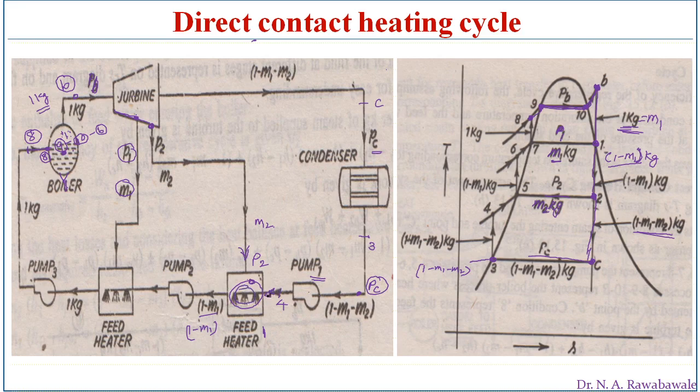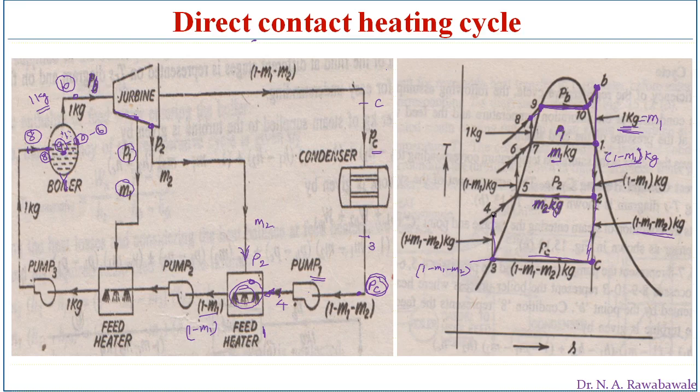Both pressures must be the same, then only it is possible for us to inject the condensate into the feed heater 1. Therefore the condensate pressure, which was PC, has to be increased up to P2. So the vertical line from 3 to 4 shows that the pressure increases from PC to P2.